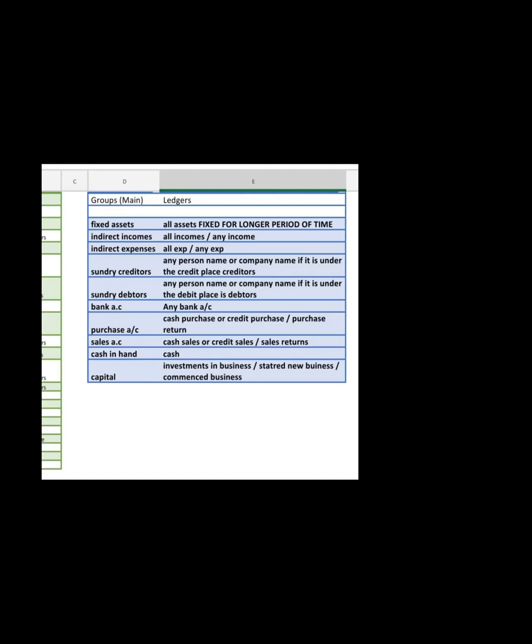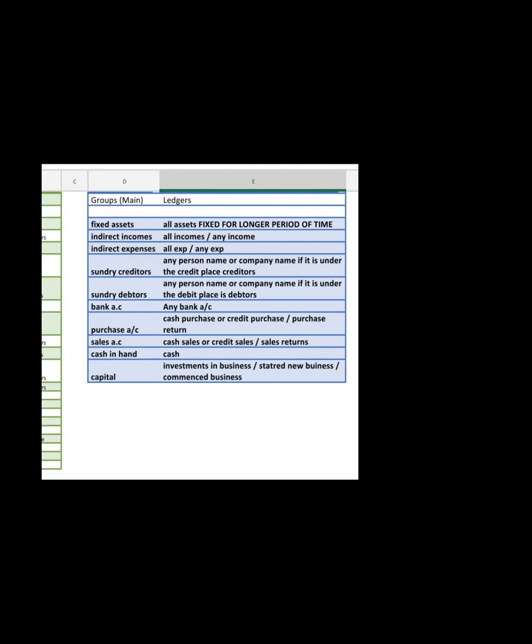Ledgers means ledger books. In the ledger book, you will have a cash book, a bank book, a purchase book, a sales book, and many others like sundry creditors and sundry debtors. Each and every book will be there. In the cash book, you mention all the cash transactions. All purchase entries go in the purchase book, and all sales entries under the sales book.